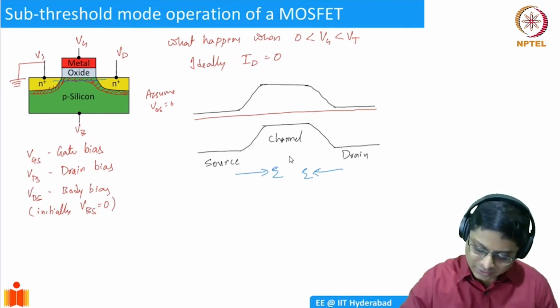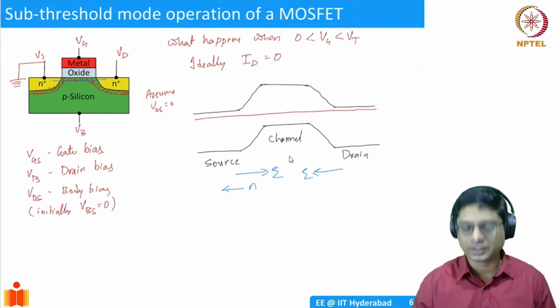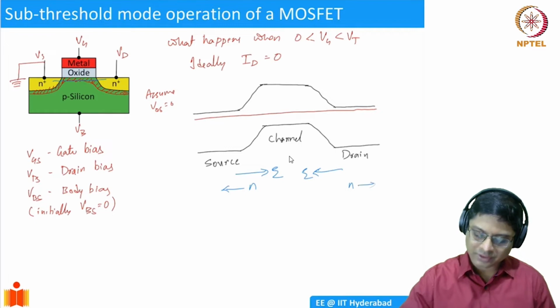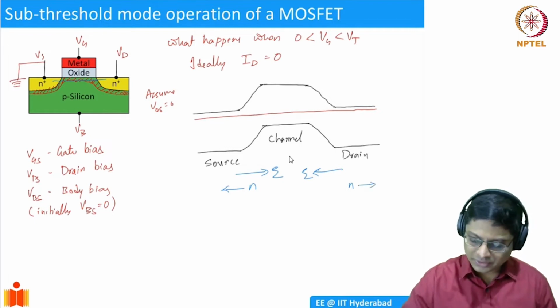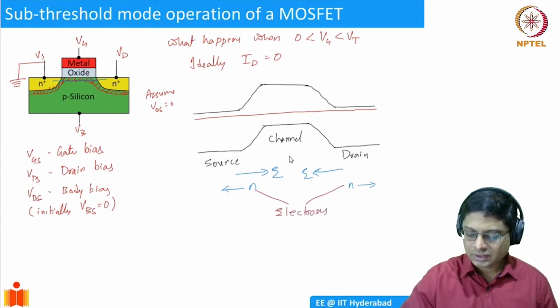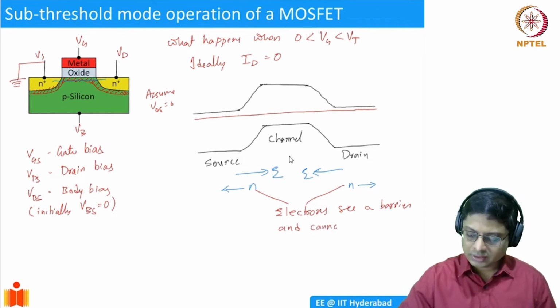In this case, electrons will move back. They cannot cross. So electrons see a barrier. Similarly here, electrons will tend to go in this direction. So basically, what happens in this structure is electrons see a barrier, and therefore cannot enter the channel.